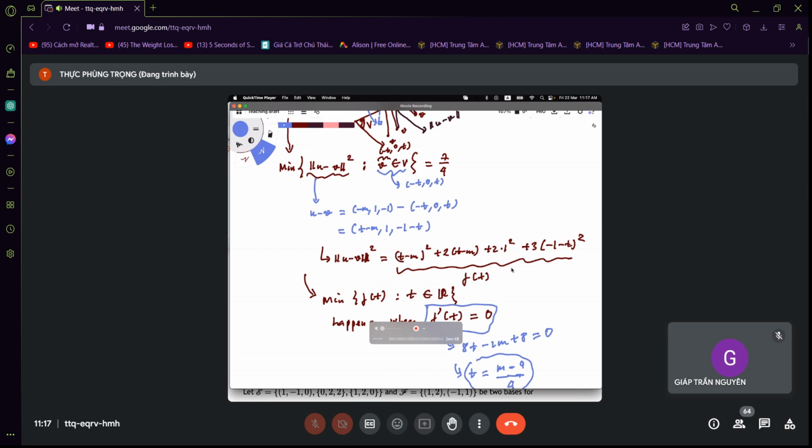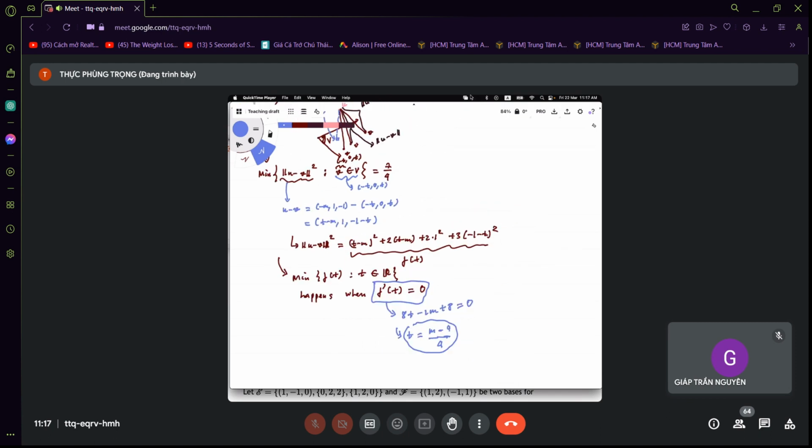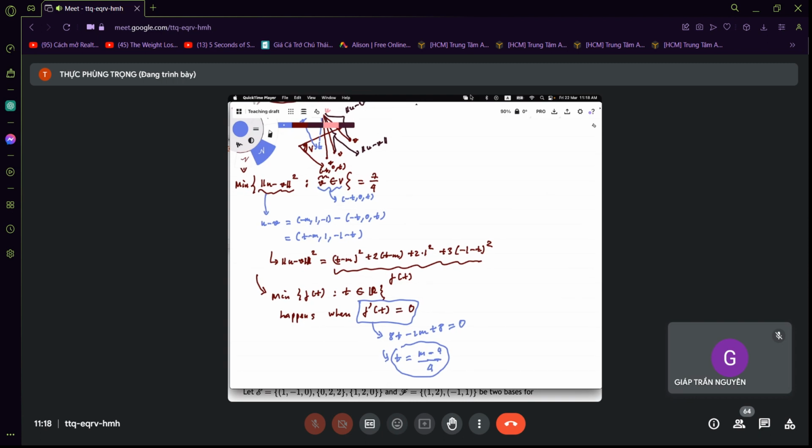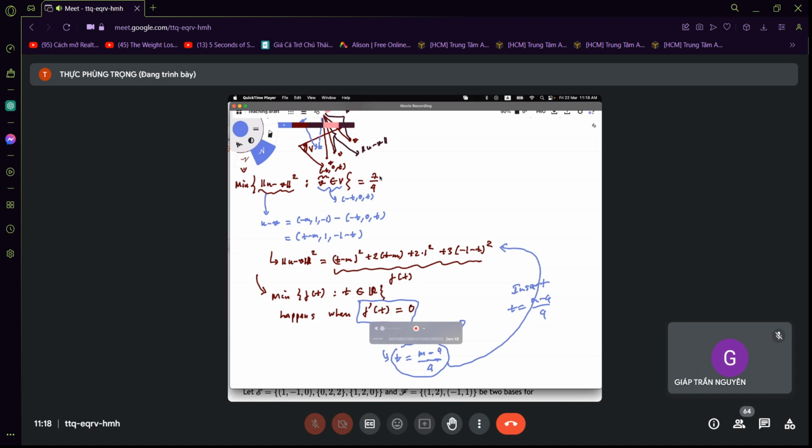And now we know that the min happens at t equal m minus 4 over 4. Now, how to get the final answer? Now you insert t equal m minus 4 over 4 into this one and solve the equation right here.